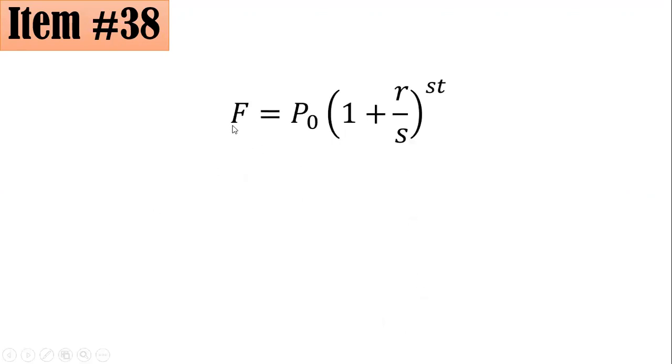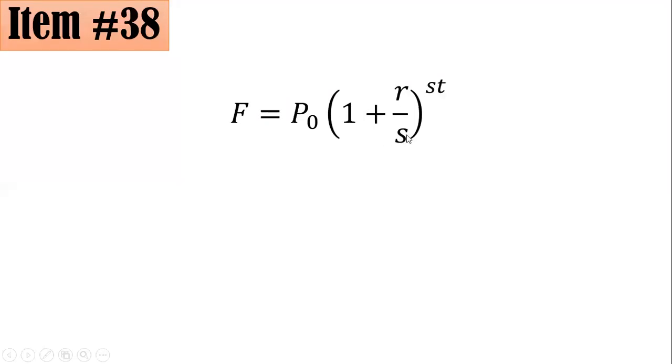F here represents the final amount, or your total amount. P sub 0 represents the amount you invested. R is the interest rate here still. S is like your season something. If it's annual, then your S is equal to 1. If it's semi-annual, your S is 2.